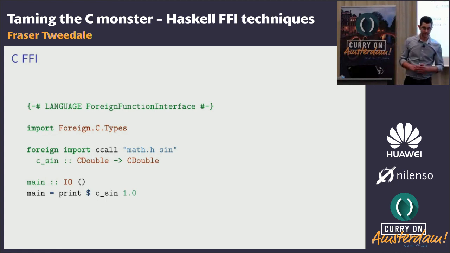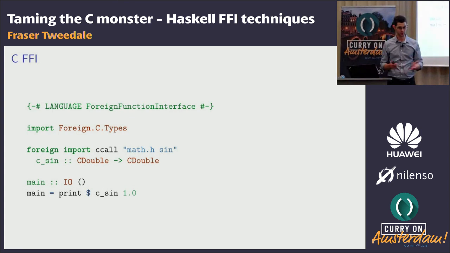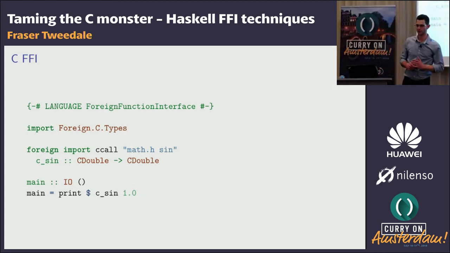So what does the foreign function interface look like? There's a language pragma to turn it on in your module. There are some imports of modules that export types and functions for working with the C foreign function interface, or libraries written in C. The actual foreign import is this foreign import declaration, so the third one down on this slide.